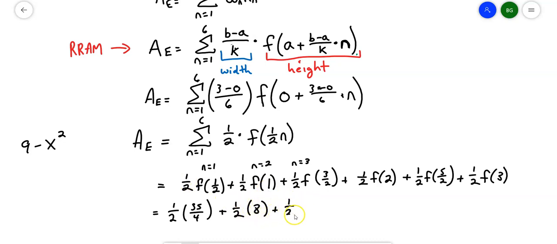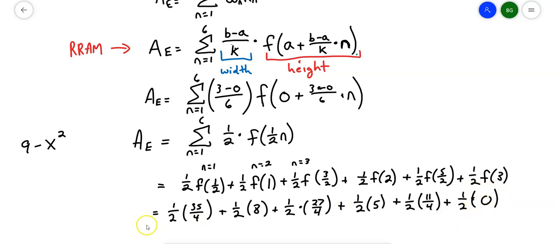Now I have to plug in 3/2. I get 27/4. If I plug in 2, I should get 4, so that's 9 minus 4 is 5. Now 5/2, let's see here. Should get 11/4. And the last one's easy. We end up with 0.